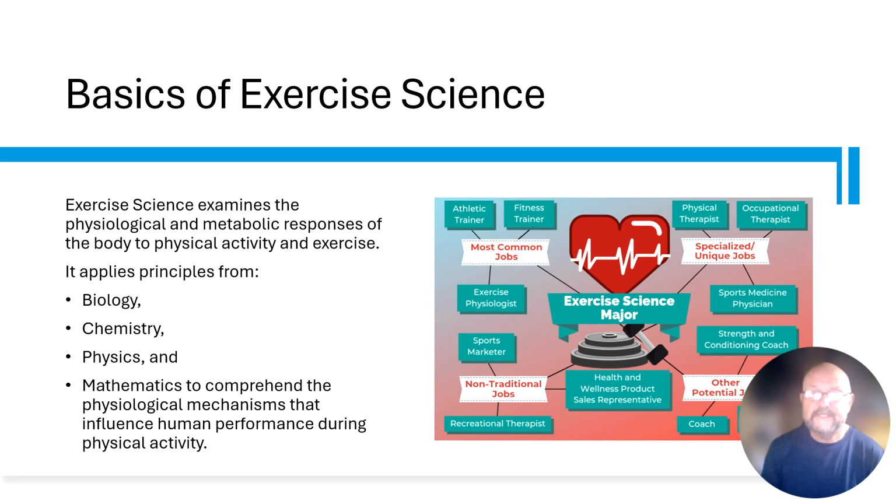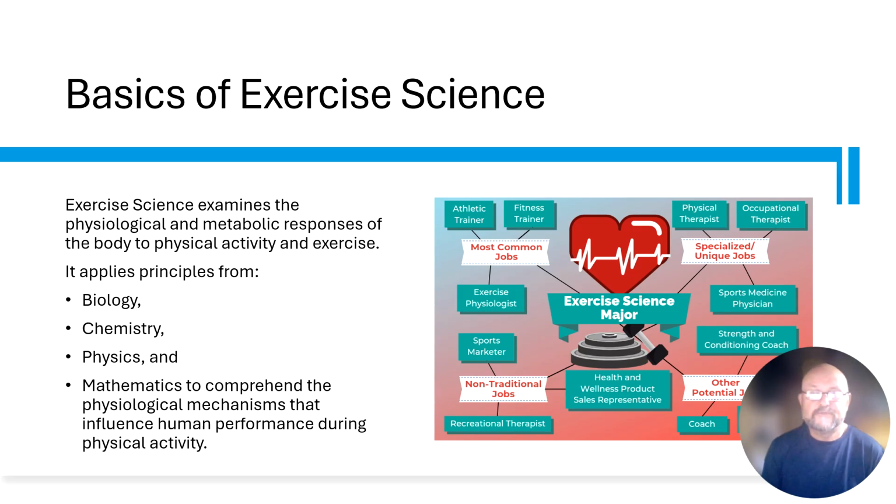So, the basics of exercise science. Exercise science essentially examines physiological and metabolic responses to the physical activity and exercise that we perform. In order to understand physiology and metabolic responses, you need to understand basic science: biology, chemistry, physics, and maths.